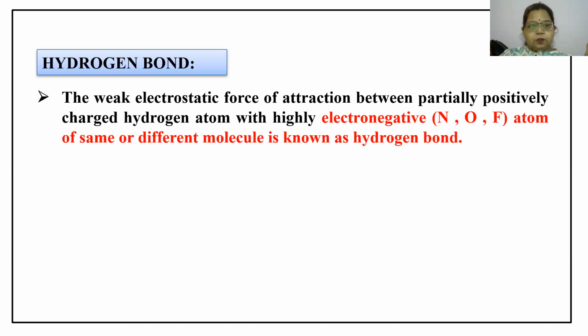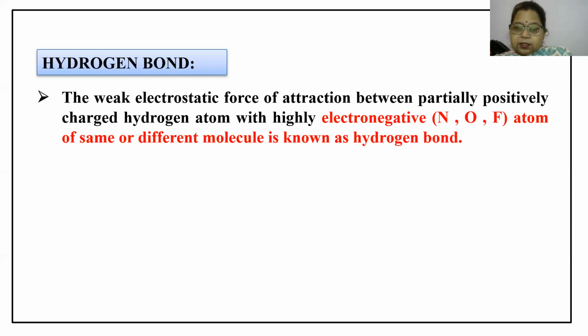Although they are also forces of attraction, the definition on the screen says it is a weak electrostatic force of attraction between partially positively charged hydrogen atom with highly electronegative nitrogen, oxygen, and fluorine atom of same or different molecule, which is called hydrogen bond.